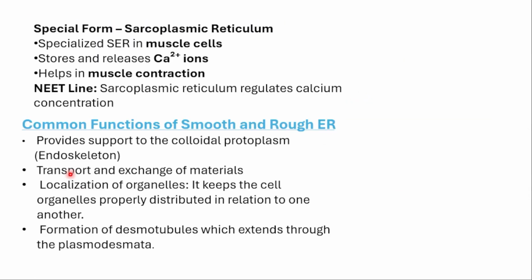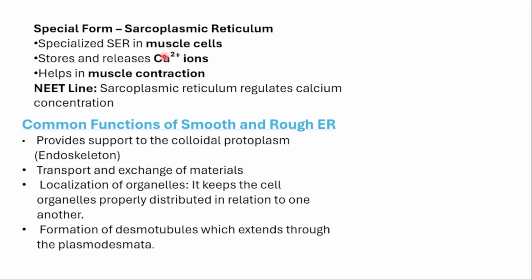Next, some special forms of endoplasmic reticulum, just now I said, right? Those are sarcoplasmic reticulums. These are specialized smooth endoplasmic reticulum in muscle cells. They store and release what? Calcium ions, helpful in muscle contraction.